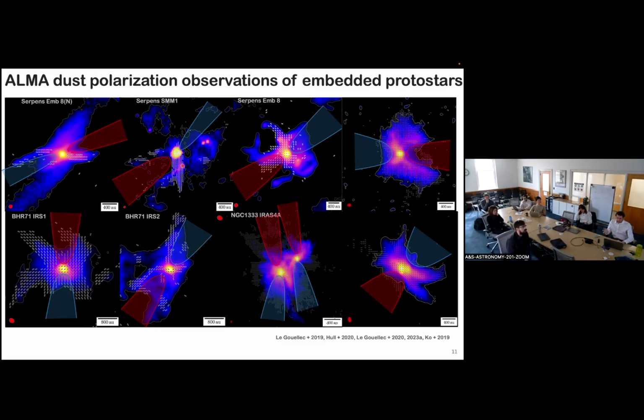Some objects are heavily fragmented with a pretty disorganized magnetic field, not necessarily symmetric. These cases are most suggestive of a turbulent collapse, where the accretion results more from disorganized motion, so a higher initial level of turbulence.